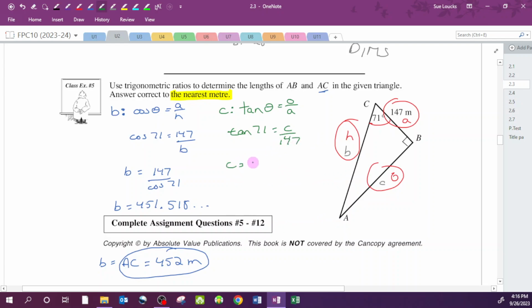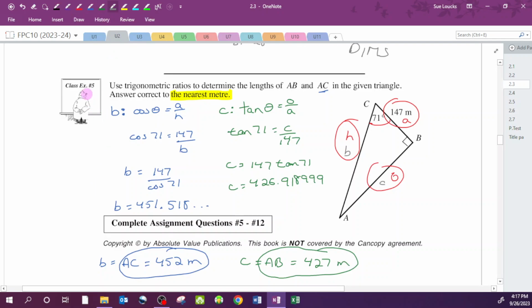C equals 147 times tan 71, and C equals 426.918999. But I wasn't asked to find C, I was asked to find AB. So C equals AB, and to the nearest meter, that's 427 meters, and there's my answer.